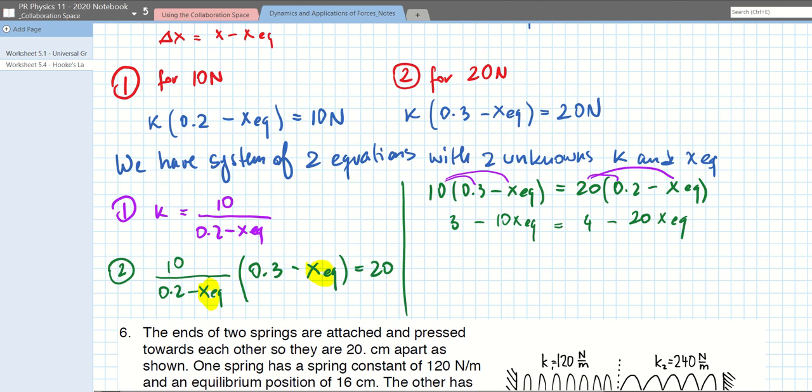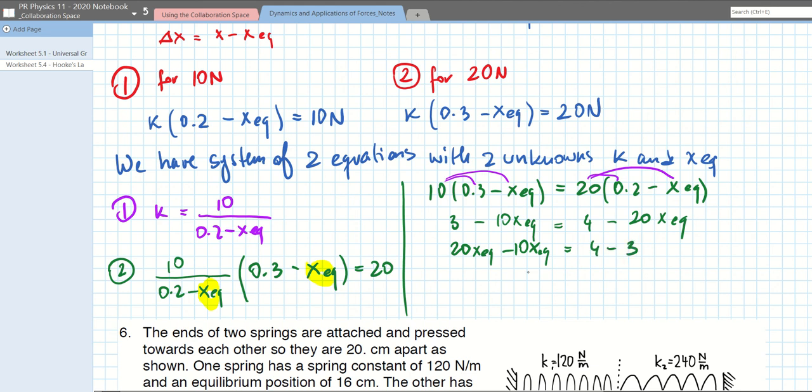Move all the x's to one side, the constants to the other side. In this case, I'm going to bring the negative 20x to the left, so it becomes positive. So I end up with 20x minus 10x, and the 3 to the right, so it becomes negative.